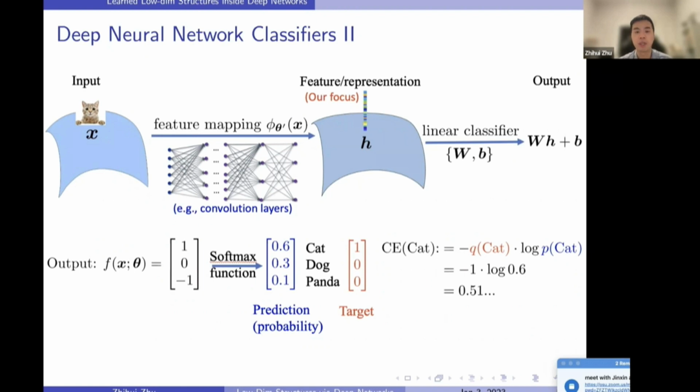Here, the network output probability of the cat class is 60%. Therefore, the cross-entropy loss for this case is negative log 60%. From this, we can say that cross-entropy loss achieves its minimum when the network output probability is equal to the one-hot label vector, which means it will give us the correct prediction.